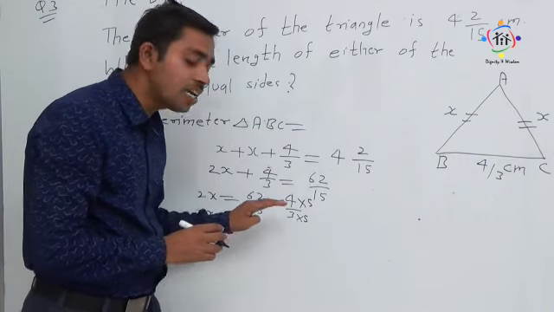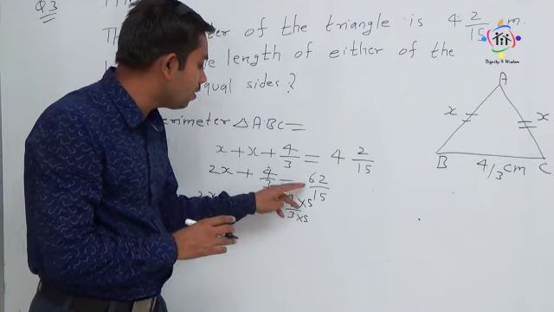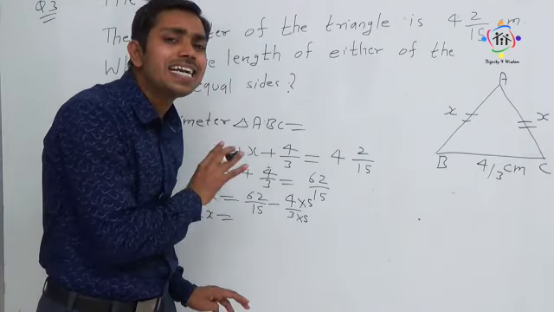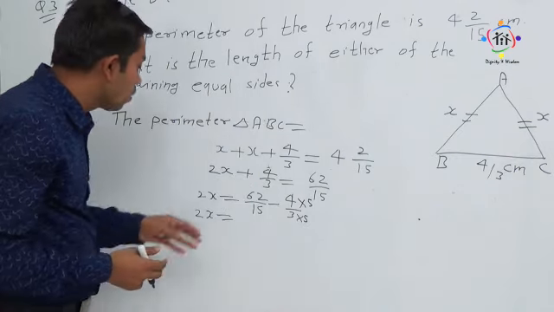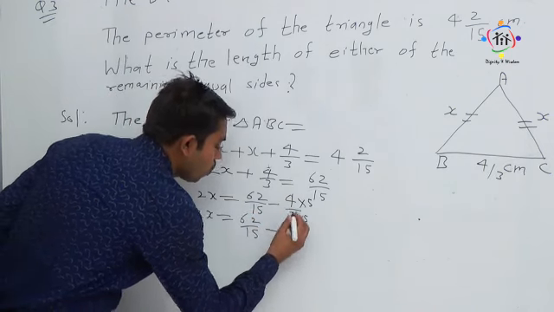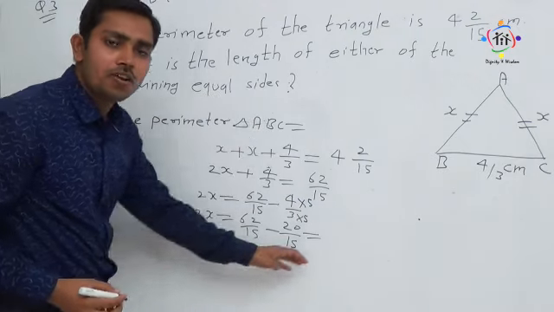So my dear students, here I am multiplying the constant 5 in the numerator and denominator. If the same number is multiplied in both numerator and denominator, it doesn't change the actual value. So let us proceed. 62 by 15; 4 5s are 20, 5 3s are 15. Now here the denominators became the same.